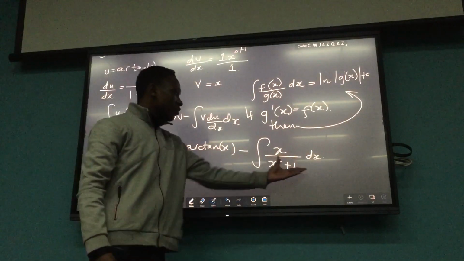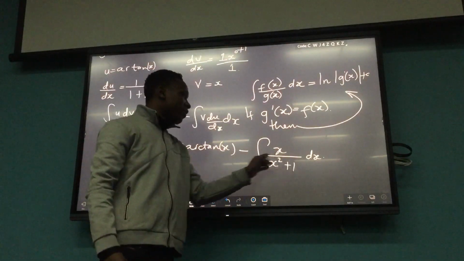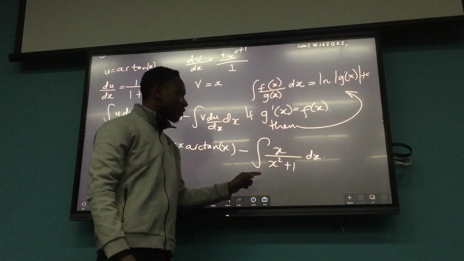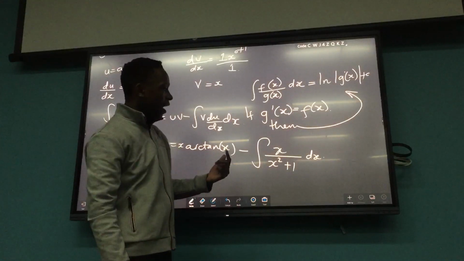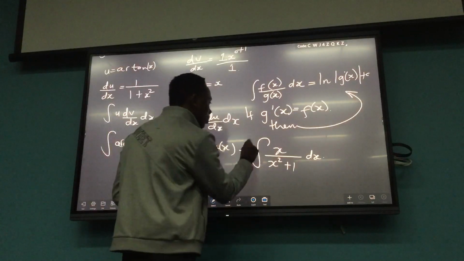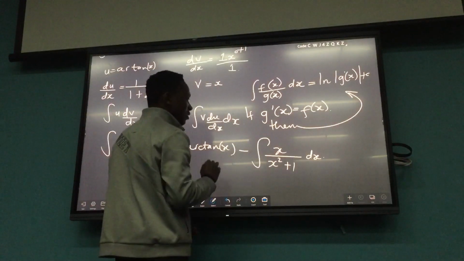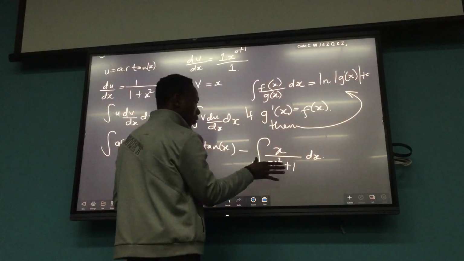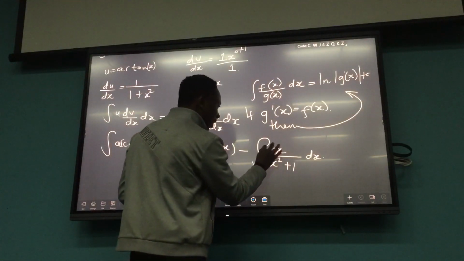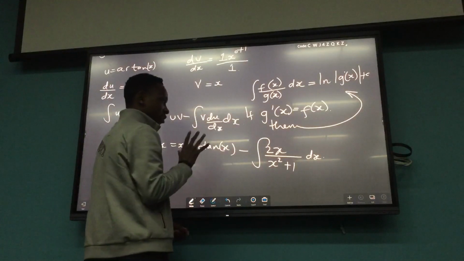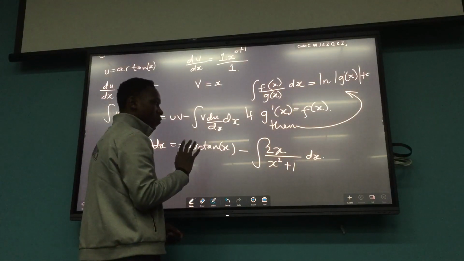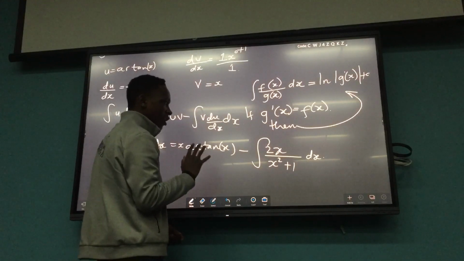So that's the recognition aspect of integration. If you look at this one, if we derive the denominator, we get 2x, but on the numerator, we have x. So we will manipulate this so that it suits what we want. We get a 2 here. But remember, if we put a 2 there, we have changed the question, and we want to avoid changing the question.